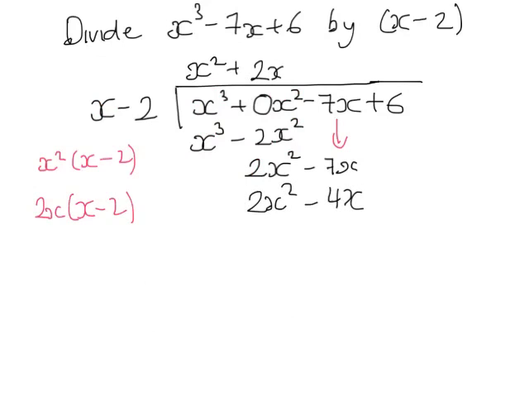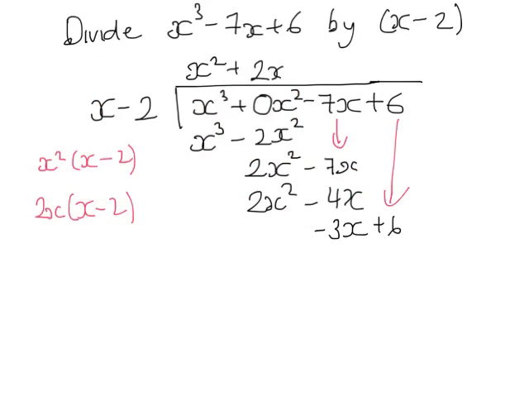Now we're going to subtract our bottom two terms from our top two terms. 2x squared minus 2x squared is 0, minus 7x take away minus 4x is negative 3x, and we need to bring down the 6, so we've got negative 3x plus 6.